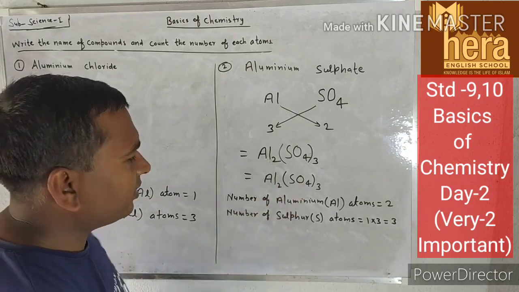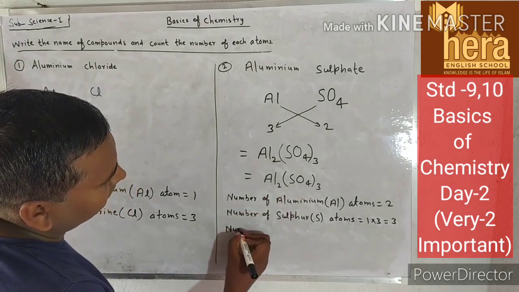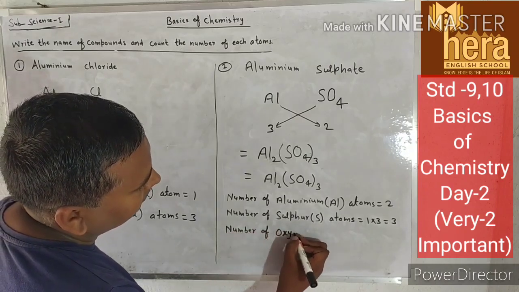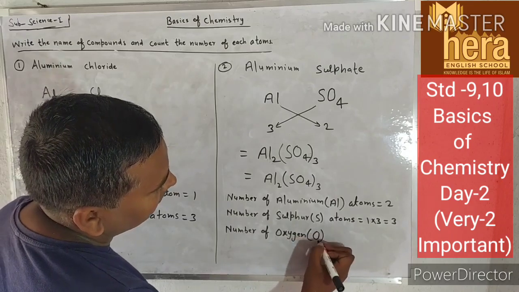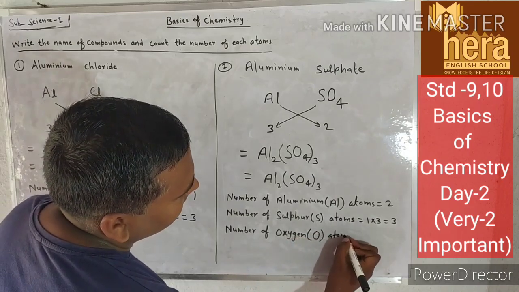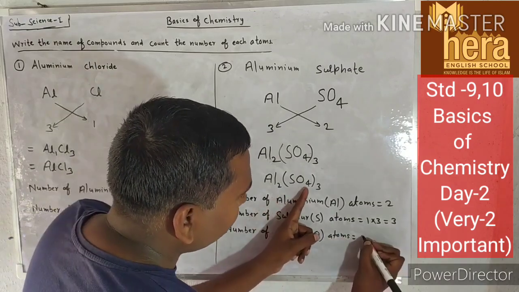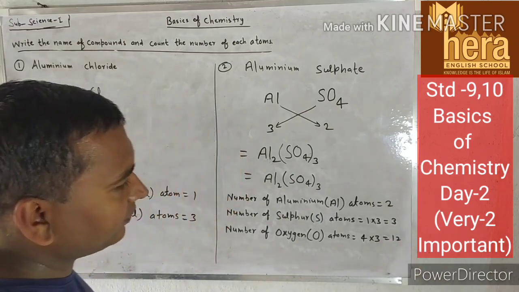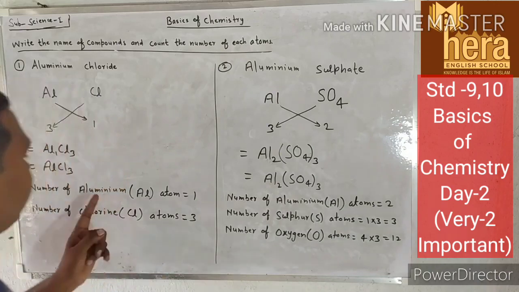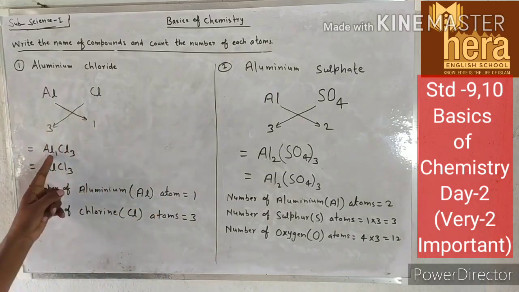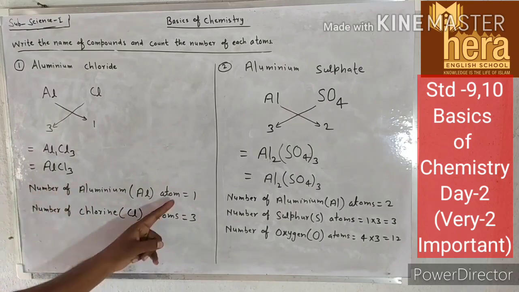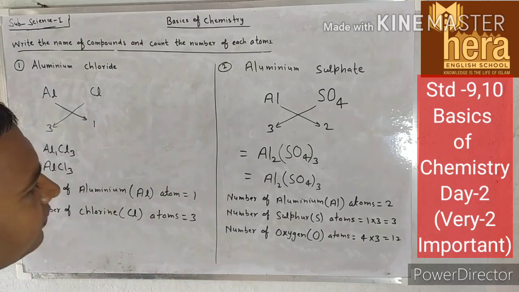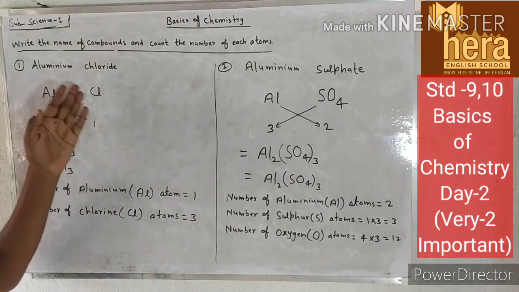Number of oxygen atoms is equal to, see, 4 into 3, that will be equal to 12. If a single atom is there, then write atom is equal to 1. More than 1 atom, then you will write atoms, that will be equal to 3 in case of aluminium chloride.